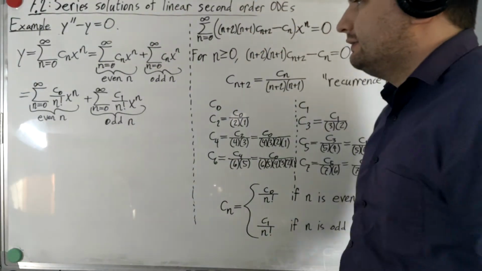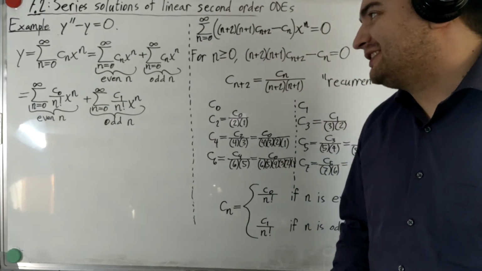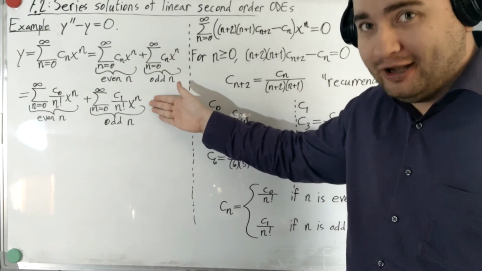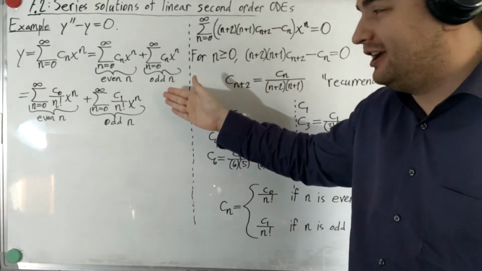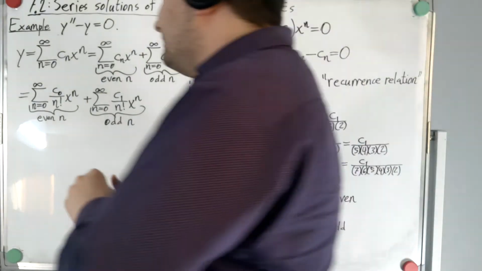Now, the first time I taught this class, I told my students that writing this as your final answer was not enough, that you needed to go further and rewrite this in a nicer notation, which you can do.